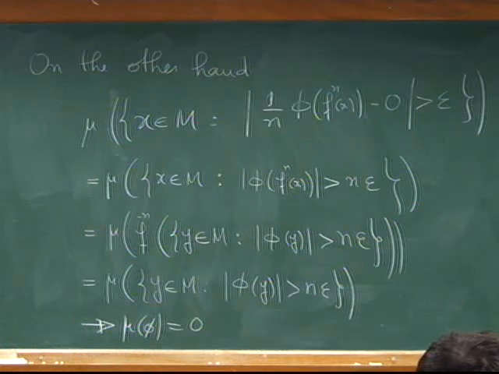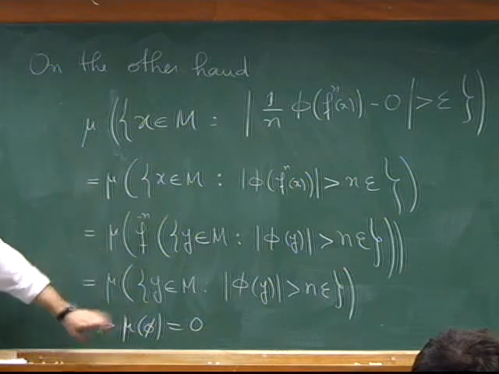When you have a decreasing sequence of sets, their measures converge to the measure of the intersection. The intersection is the empty set, so this converges to 0.